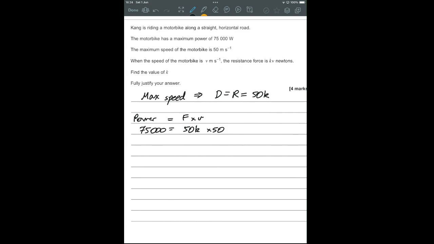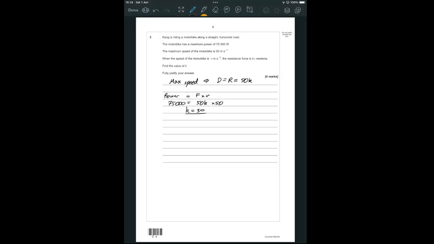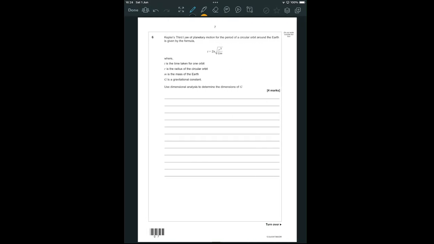All of this is happening when it's at that max speed. So let's do the 75,000 divided by the 50 squared, and k is 30, which really doesn't feel like a lot of work for 4 marks, but we've used 2 different equations, we've used several different mechanical concepts.